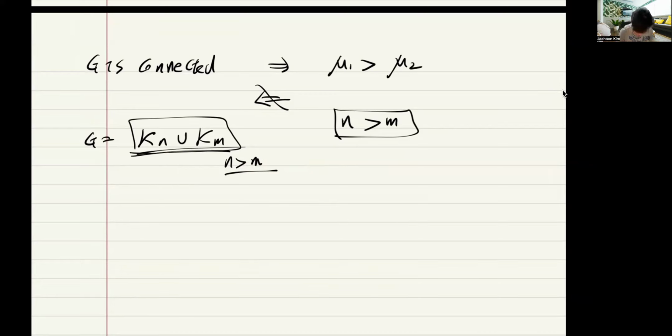So to resolve that issue, the Laplacian was introduced. The Laplacian is somehow a normalization, in the sense that for a non-regular graph you want to do the similar thing that you can do for a regular graph.